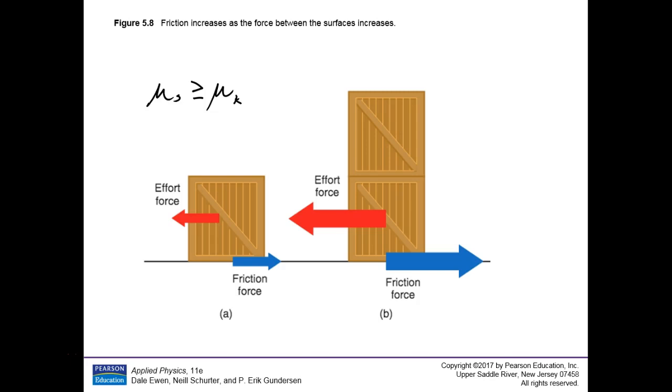Rubber on wet concrete, 1.5 static friction, 0.97 kinetic friction, much less. So that's why when the roads are wet, you're going to be a lot more likely to slide. Aluminum on wet snow, 0.4 was your static friction. That's not very much. And 0.02 is kinetic friction.